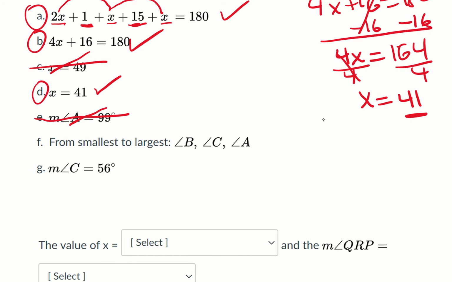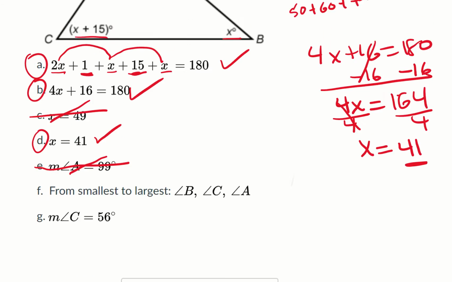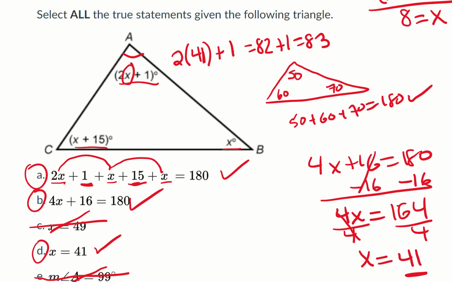From the smallest to the largest, angle B, angle C, and angle A. Okay, so angle A we found was 83 because we just found it here. So the measure of angle A is 83. Now let's find angle C. We'll plug in x there. So that's going to be 41 plus 15. X was 41, yeah.